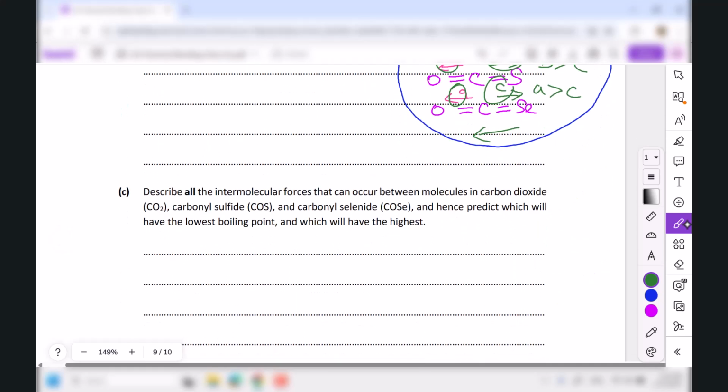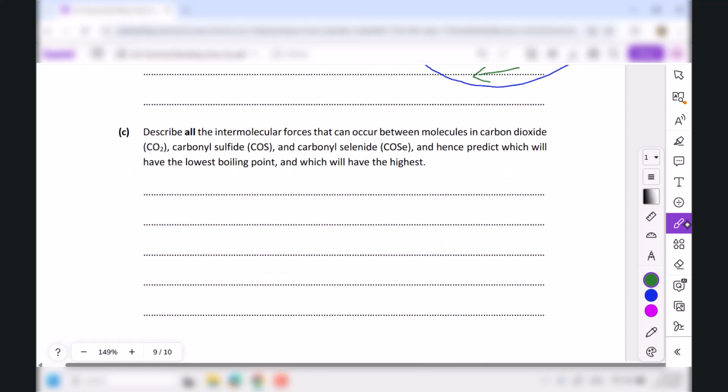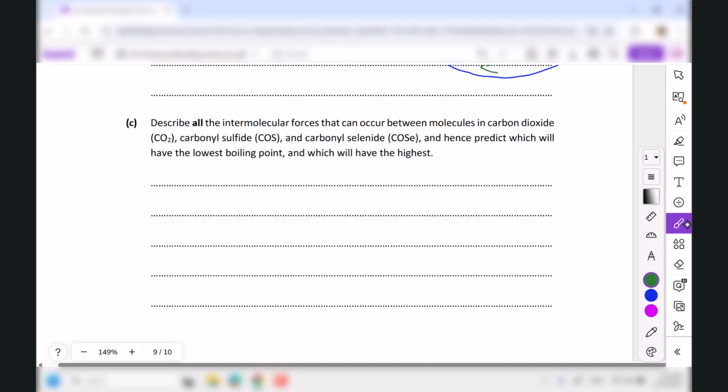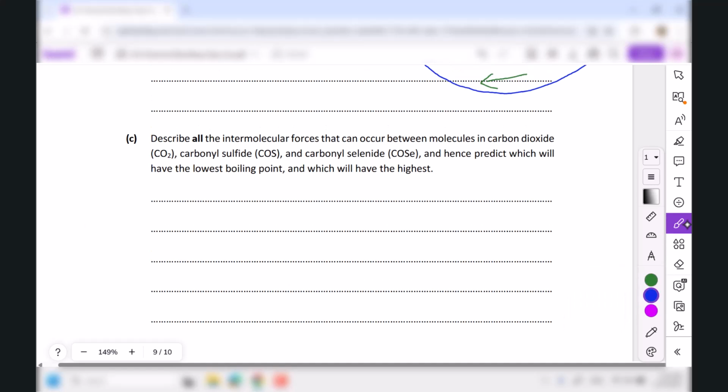Okay, then for part C, you're supposed to describe all the intermolecular forces that occur between molecules in CO2, COS, and COSe, and predict which will have the lowest boiling point and which will have the highest. Okay, so it might be easier to answer the question by sort of listing out what we have.